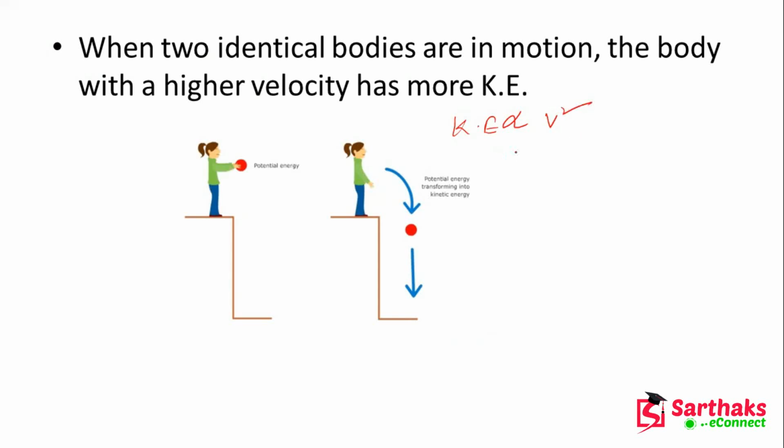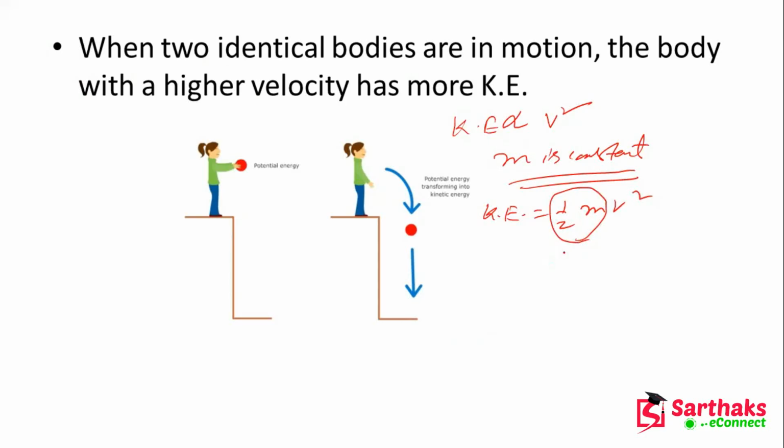Here m is constant, and kinetic energy equals half mv square. That means if half into m is constant, kinetic energy is proportional to v square. So if the velocity is higher, then the kinetic energy will be higher.